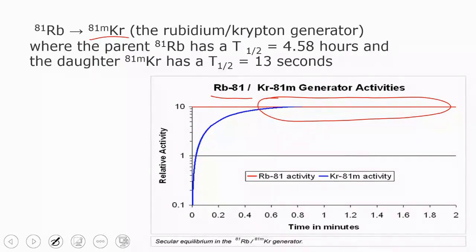And after another 13 seconds, it will be 25. Its decay is very rapid. In comparison, rubidium has a half-life of 4.5 hours, while krypton is just 13 seconds. The equilibrium that occurs between them is called secular equilibrium.